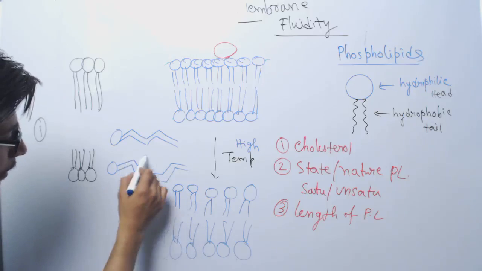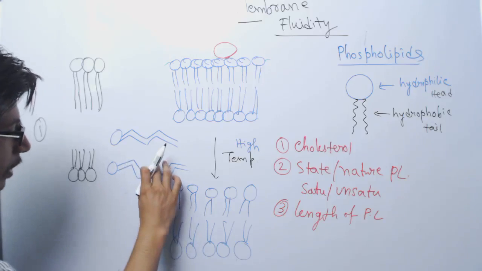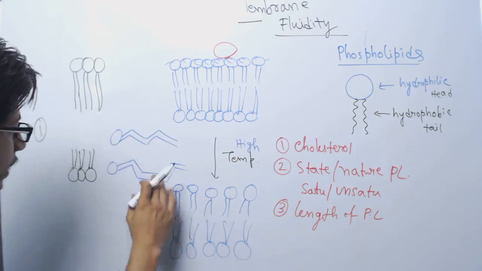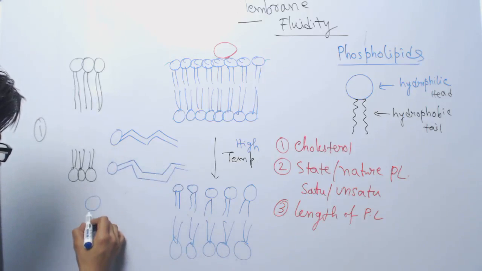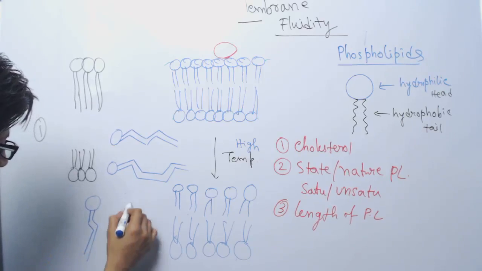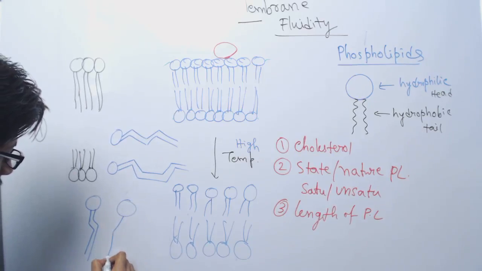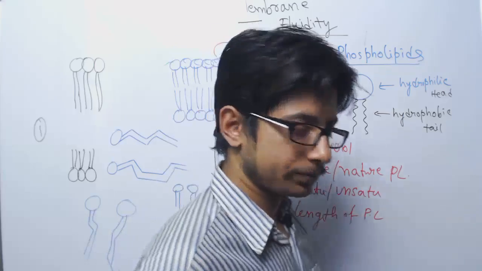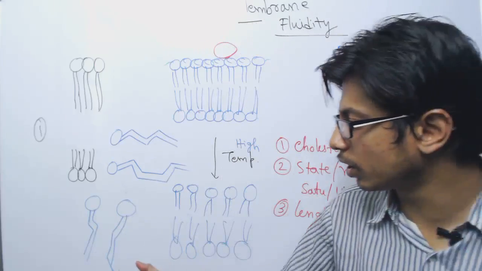So if they carry these double bonds, that double bond creates kinks. Kink means the fatty acids without those double bonds behave in a structure like this, but the fatty acid with double bonds would behave something like this. So they are much distorted. The structure is more distorted.